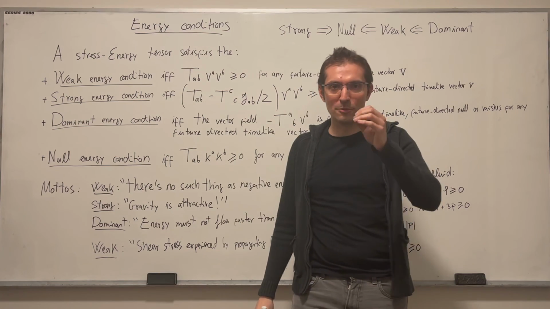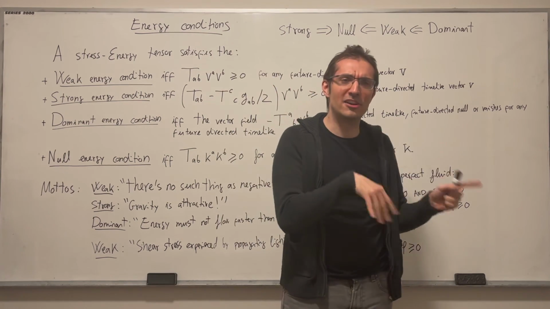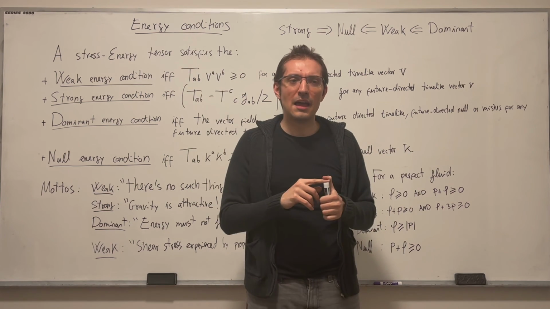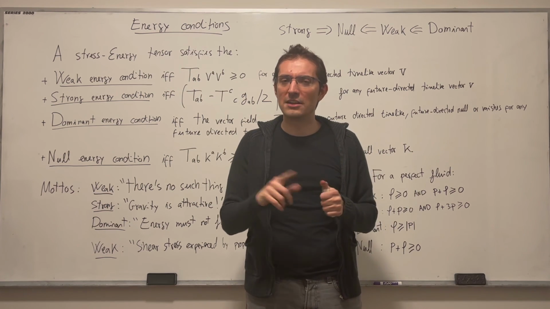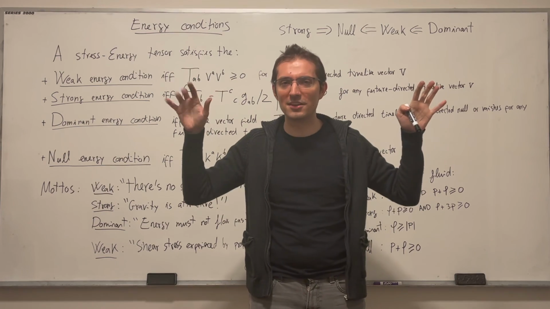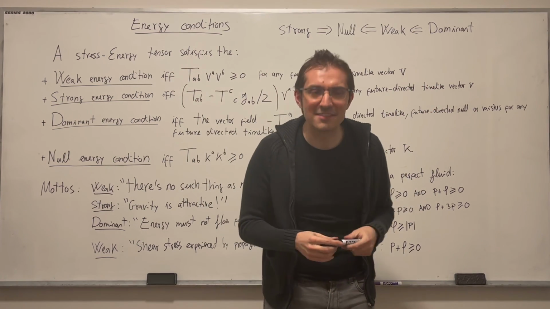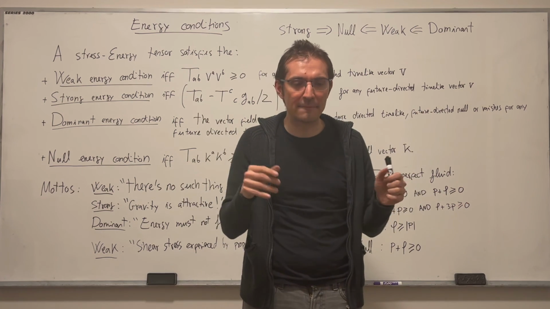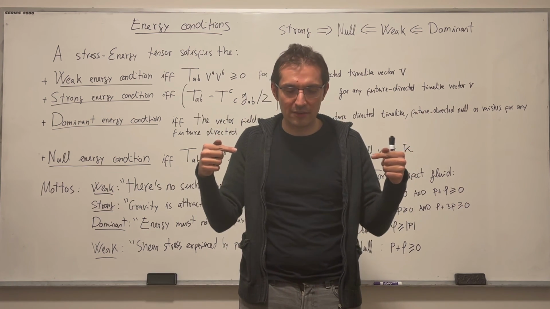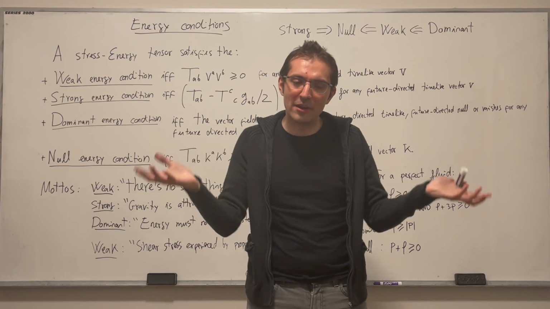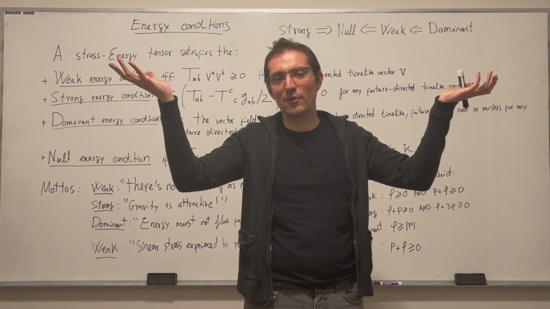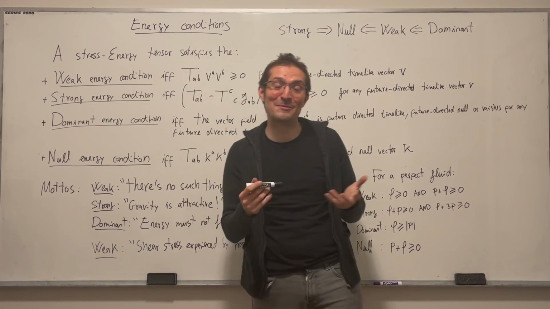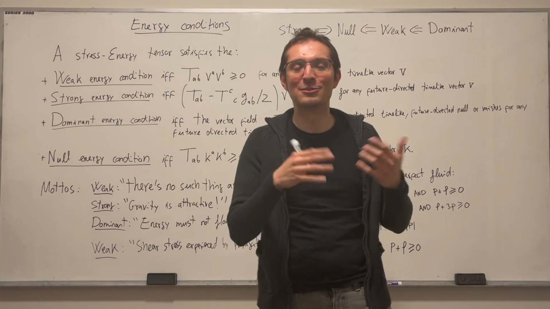There's something called the quantum interest conjecture. It's actually a theorem in many cases, but it's still called a conjecture because it's not fully proven everywhere. The quantum interest conjecture tells you that not only do you have to generate as much positive energy as negative, which makes sense, because you have a quantum field theory that has a vacuum state, then if you create negative energy density here, you at the very least need to create as much positive energy around so that you are not falling below the vacuum, because the vacuum is the ground state of the theory, the one with the lowest total energy.